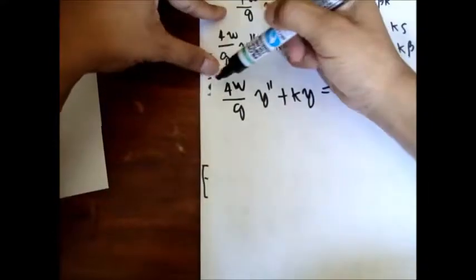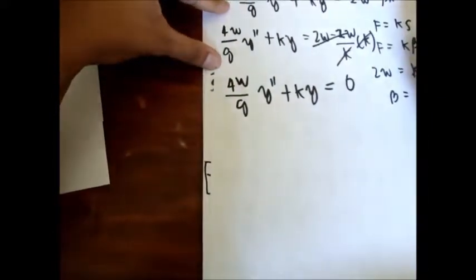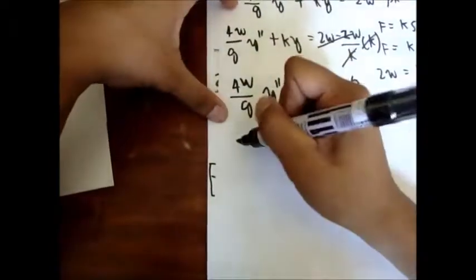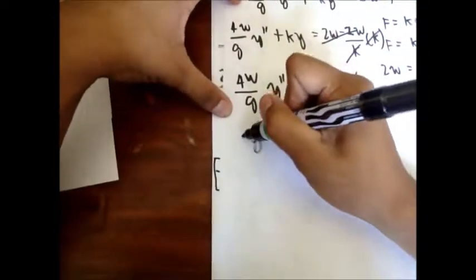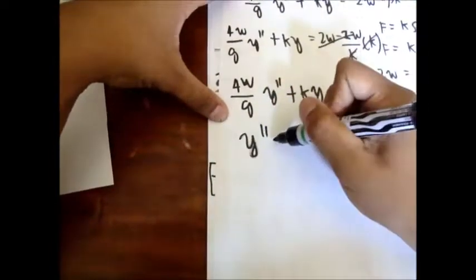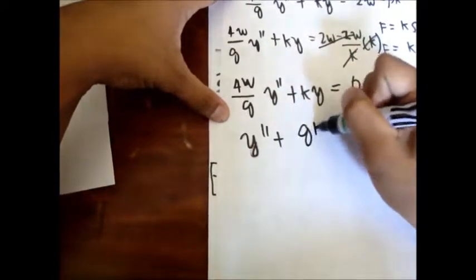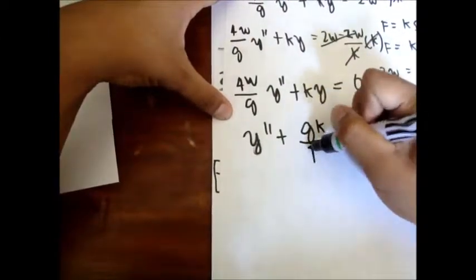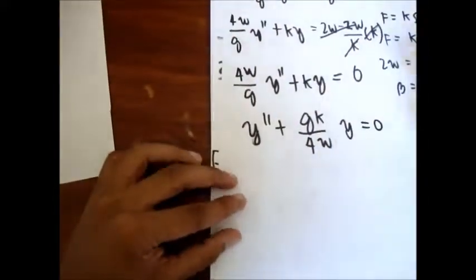So we will divide this by g over 4w. So we get y double prime plus gk over 4w y equals 0.